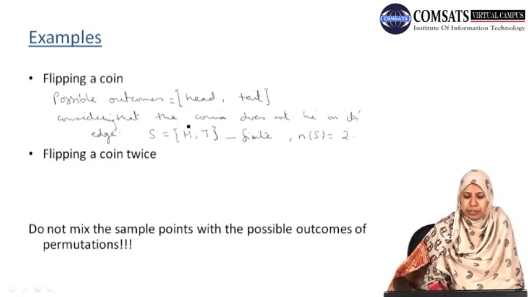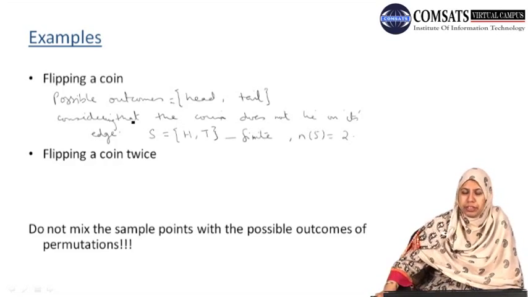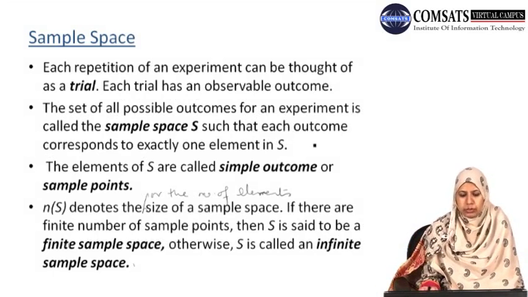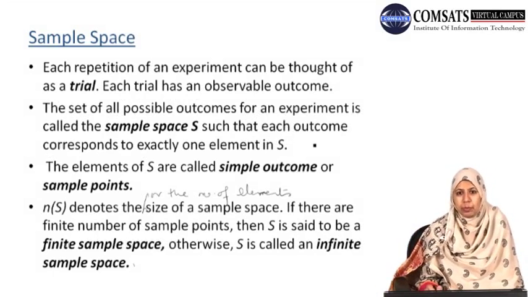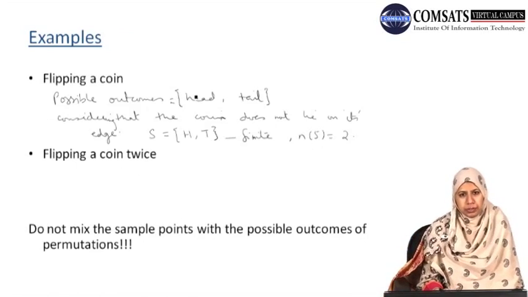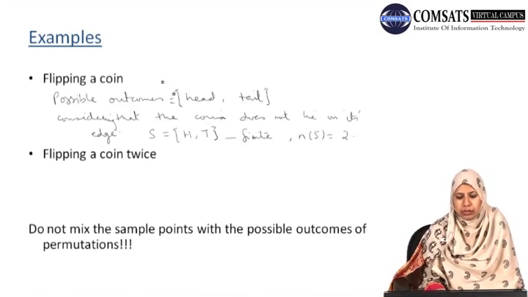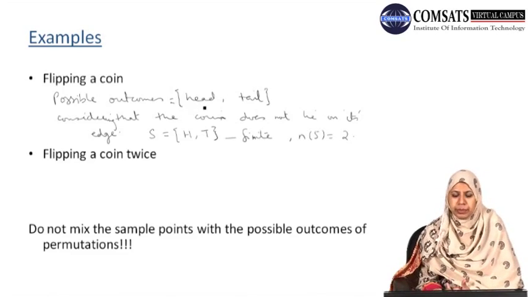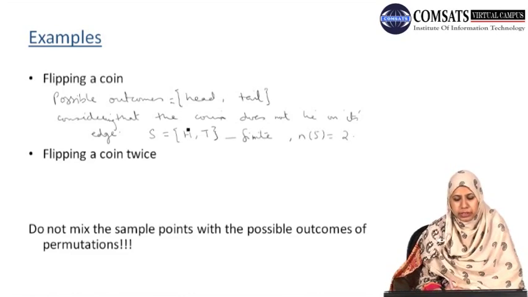And as we said in the definition of our sample space, each outcome corresponds to exactly one element in S. In this case we have two possible outcomes, so each outcome will correspond to exactly one element in our sample space. That is, if we obtain a head by flipping a coin, this outcome will correspond to one element in our sample space.